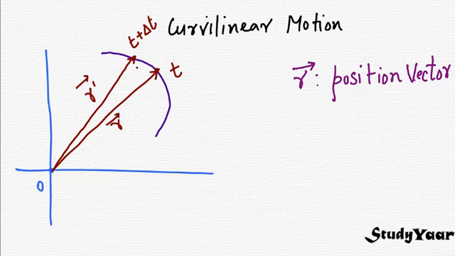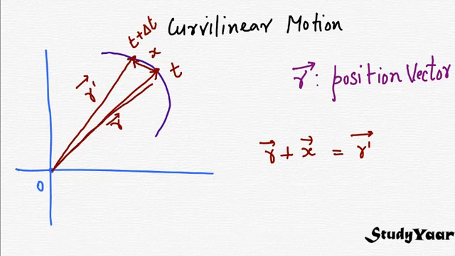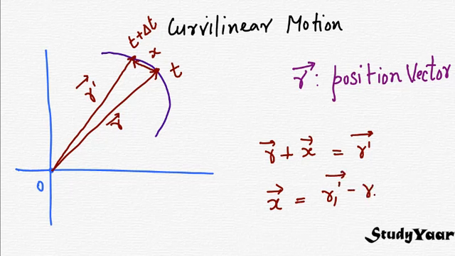Therefore, what is this distance? Let us suppose this is x. So what you have is r vector plus x vector is equal to r dash vector, by the triangle law of vectors. So my x vector is basically r dash vector minus r vector.